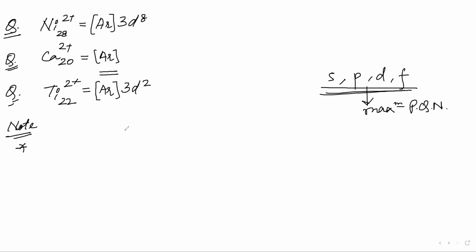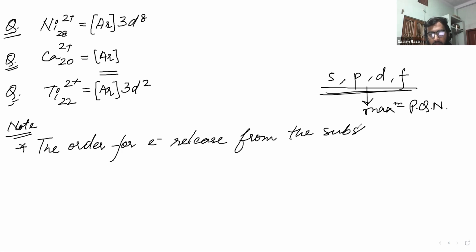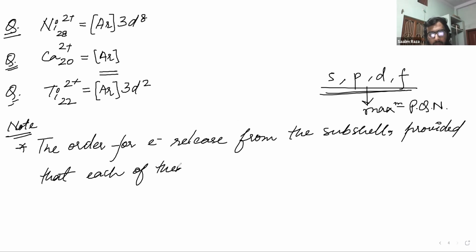Write this: the order for electron release from the subshell, provided that each of them has the maximum n.